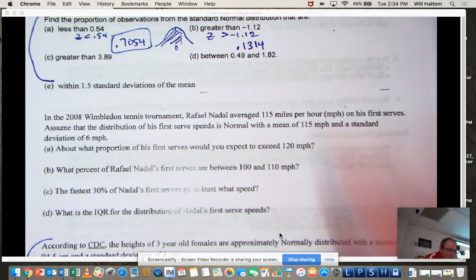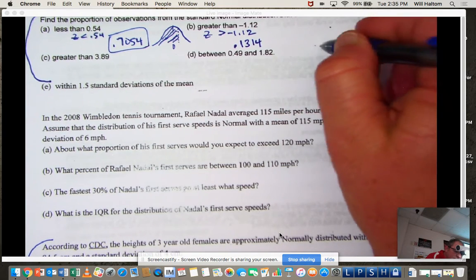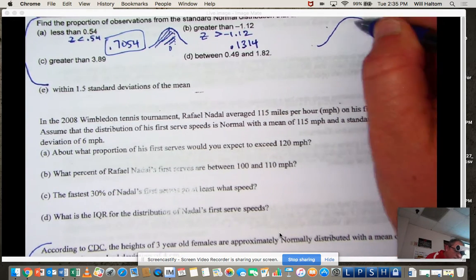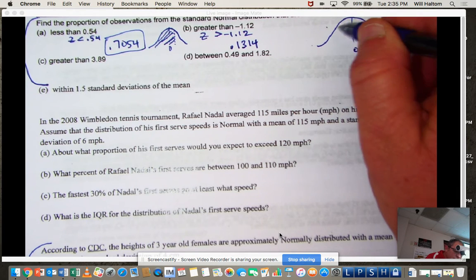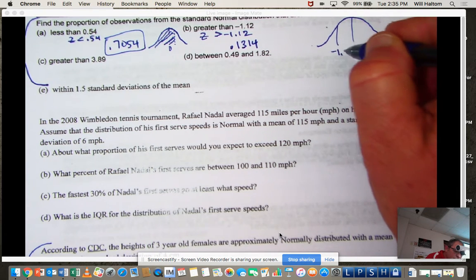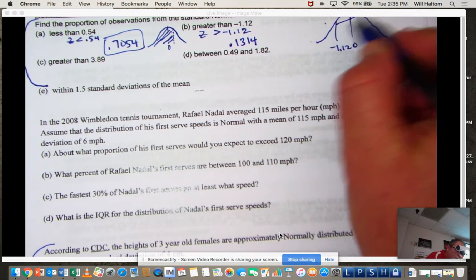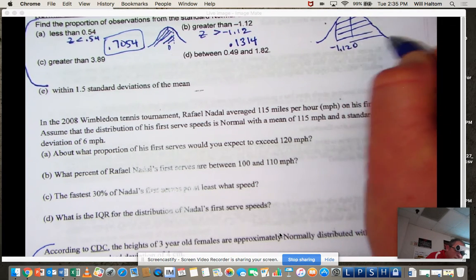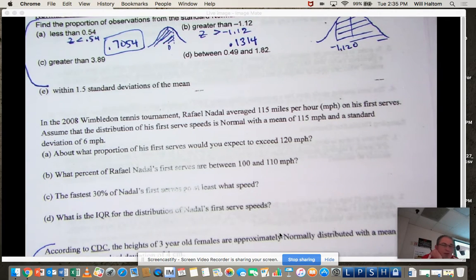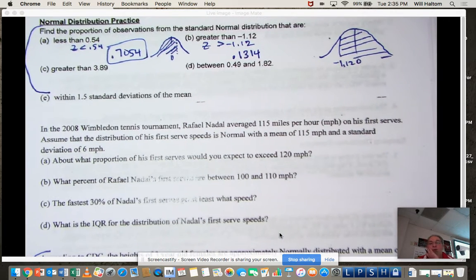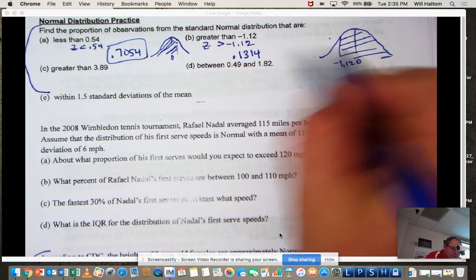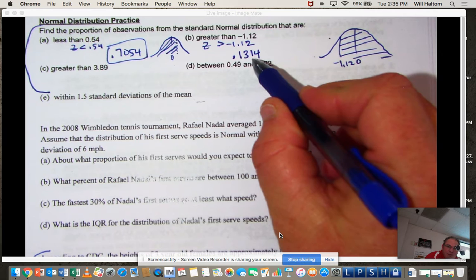But if I sketch that, I should quickly notice something. Here's 0. Here's negative 1.12. If I want to know the probability that it's greater than negative 1.12, I notice that probability is not 13%.